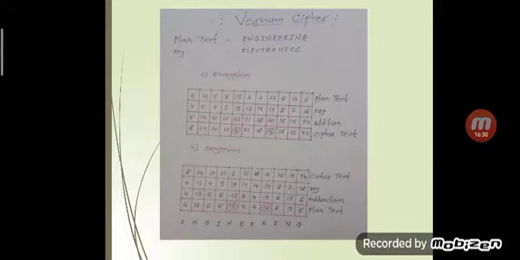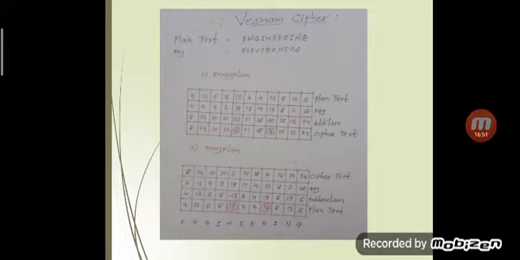Now we have to again consider the respective alphabets for these particular numbers. Once we have the ciphertext, if we have to write the ciphertext in alphabets, we can consider the respective alphabets for these numbers.